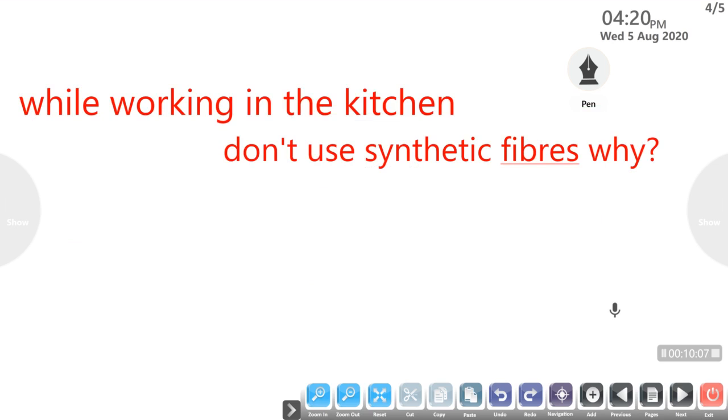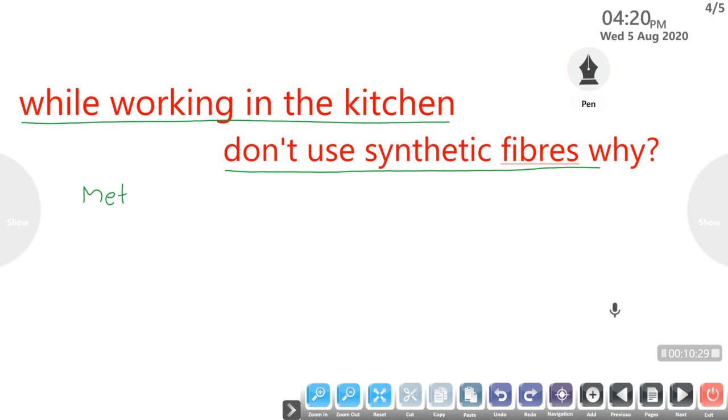Okay, now there is an important question. While working in the kitchen, don't use synthetic fibers, your mother will suggest, don't use synthetic fabrics, clothes in the kitchen. Why? The special property of synthetic fiber is that it melts on heating.